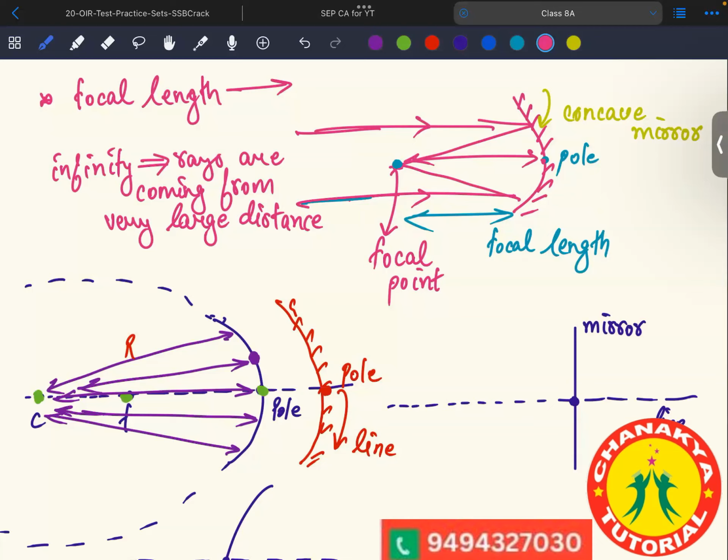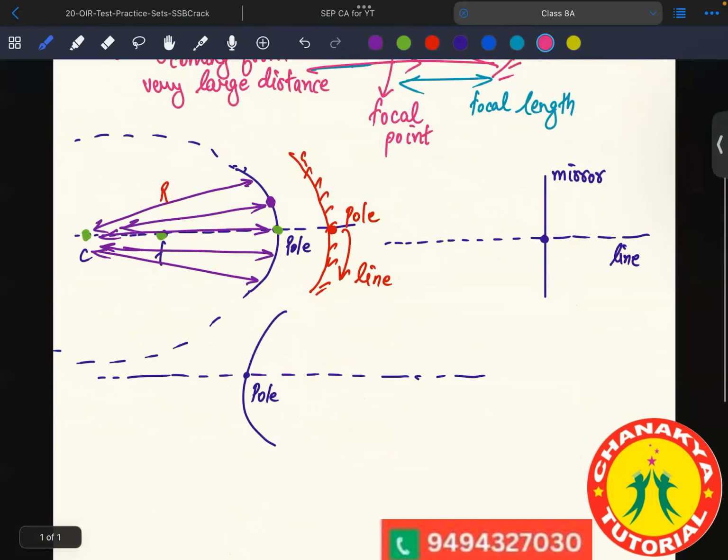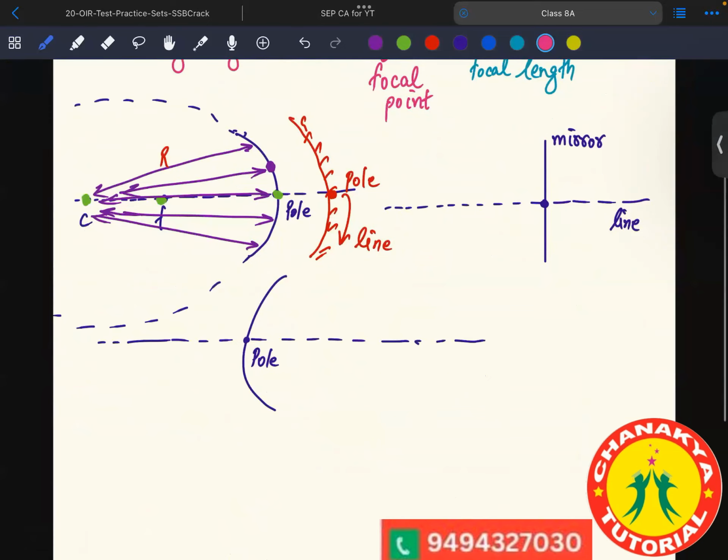No doubt, sir. Okay. Now I'm telling some new rules for the class. No interruption while I'm explaining something. After I explain it, I will ask you if you have any doubt. If I'm explaining mirror, you can ask questions related to what I am explaining, not some new concept.